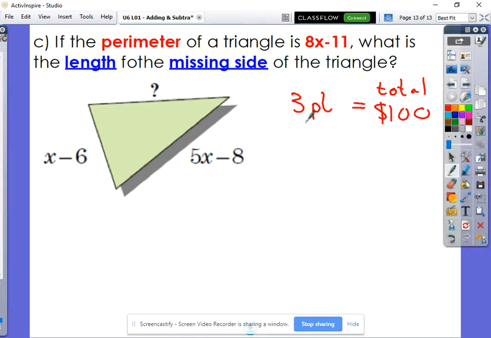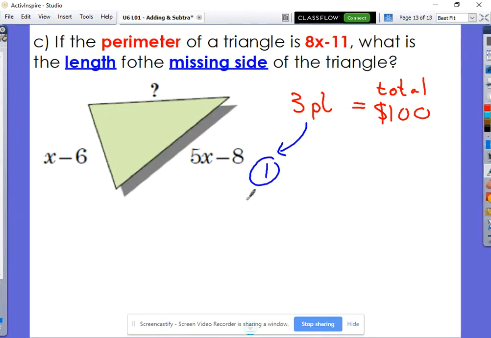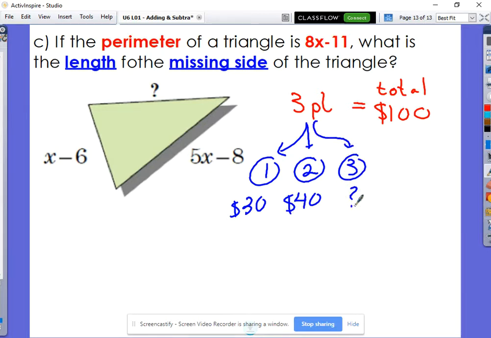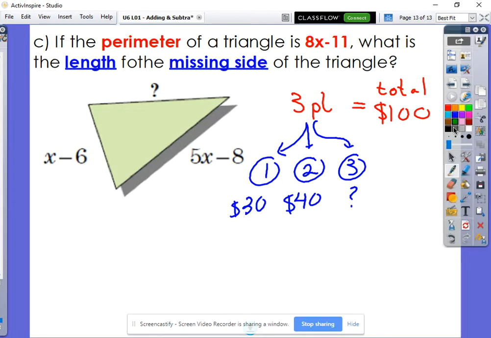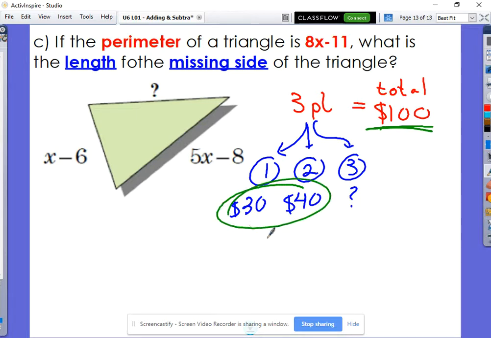You know that person number one has $30, and person number two has $40. The question is, how much money does person number three have? Well, use your common sense. Together these two have 70, so 100 minus 70 leaves 30 left over. That means person three has $30.